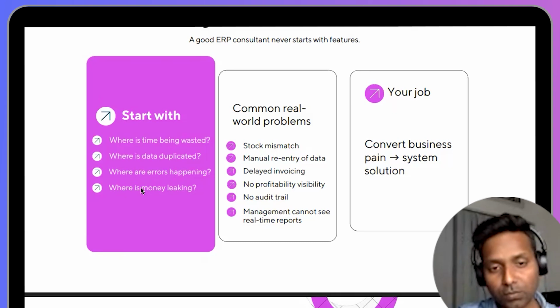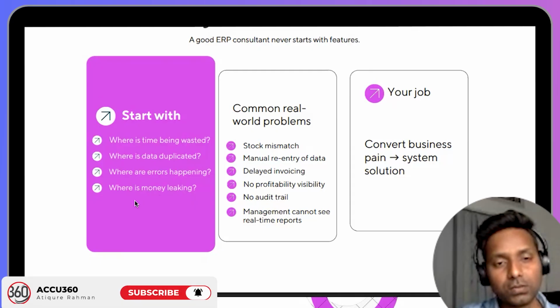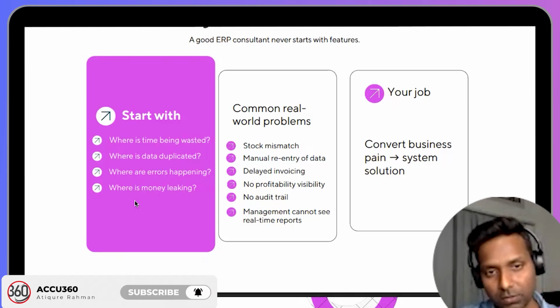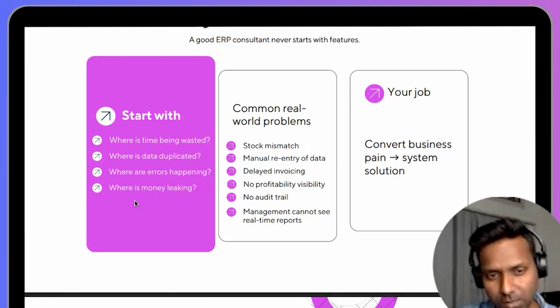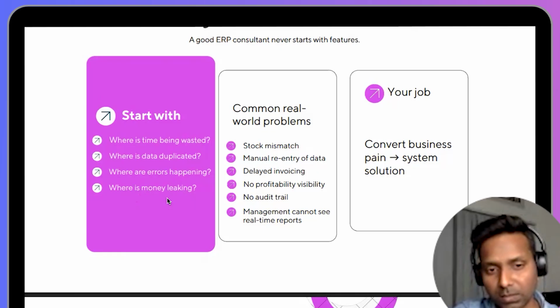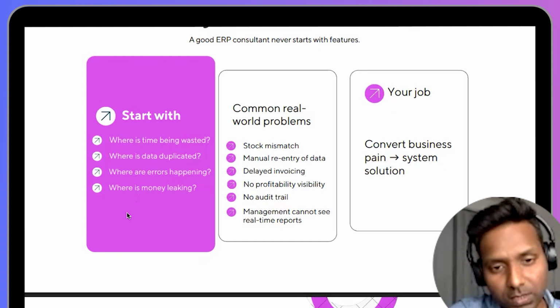And where is money leaking? I can give you one example. Suppose you are implementing it in manufacturing, oil and gas, or retail industries. In maintenance-driven companies, like oil and gas, they have a lot of motors and metal equipment.